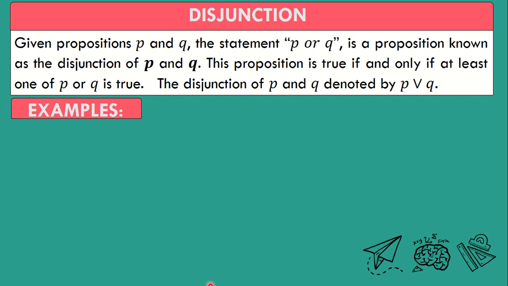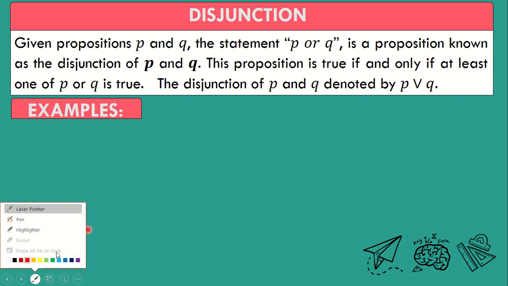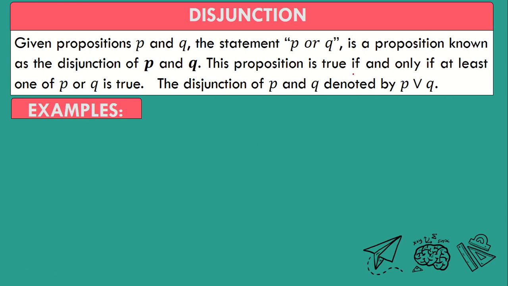And what about its truth value? It is true if and only if at least one of the simple propositions is true. Again, if at least one is true, then we can consider the disjunction as true.